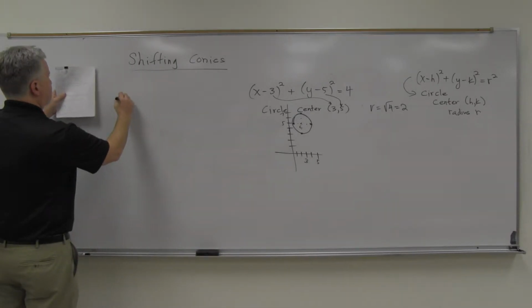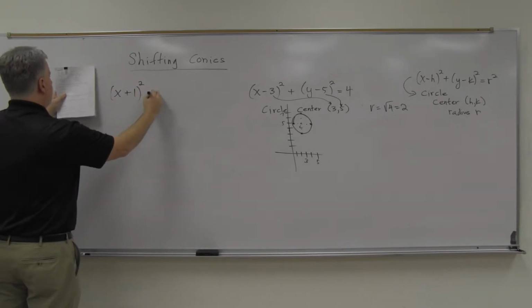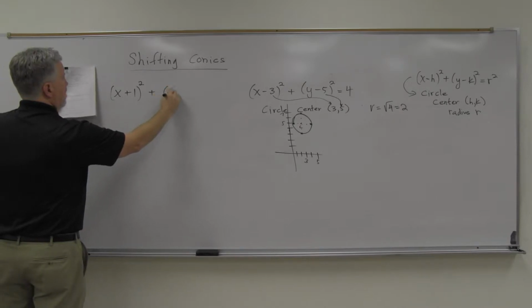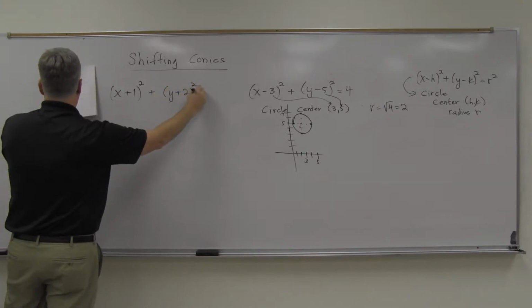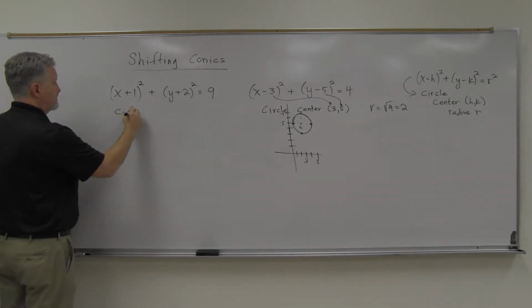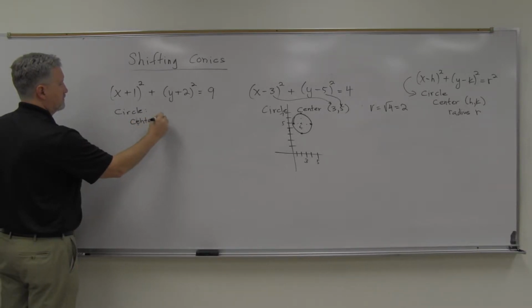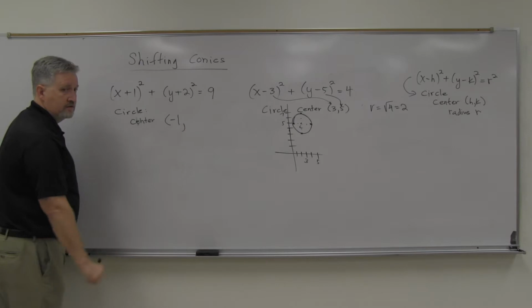Now, let's note here, if I've got x plus 1 squared plus y plus 2 squared equals 9, what do you got there? Well, that's a circle. The center is -1, -2.